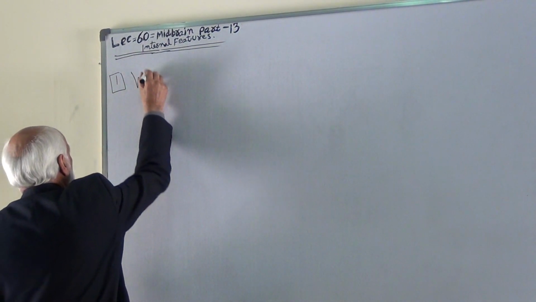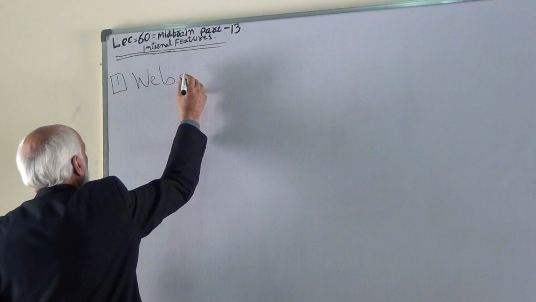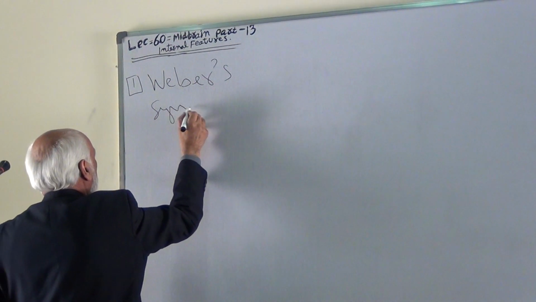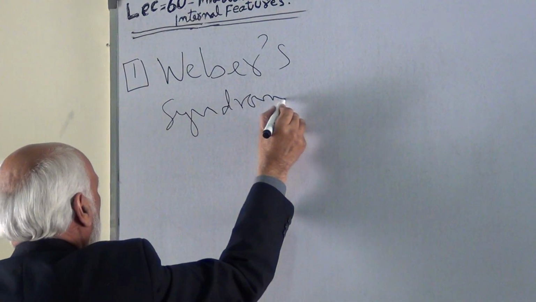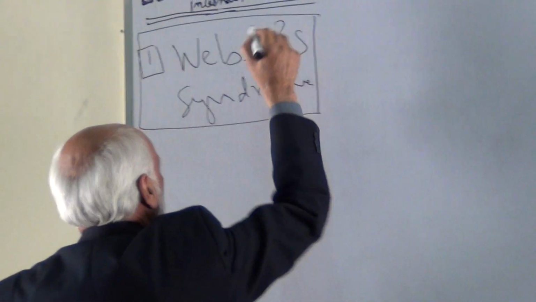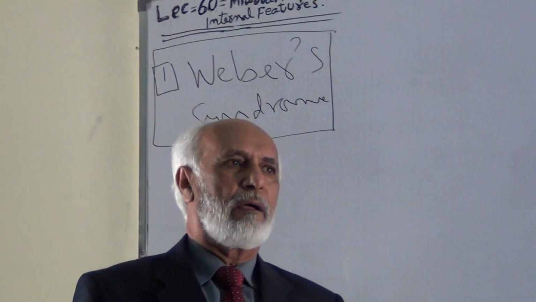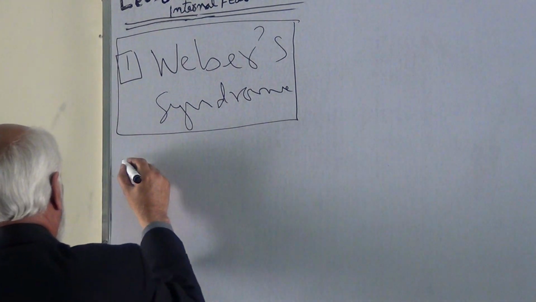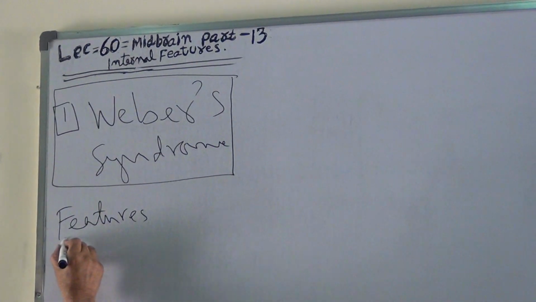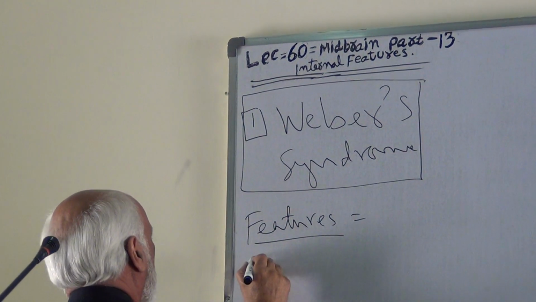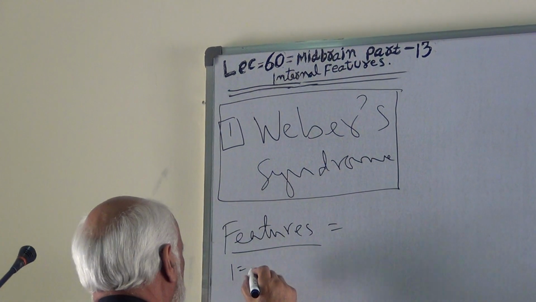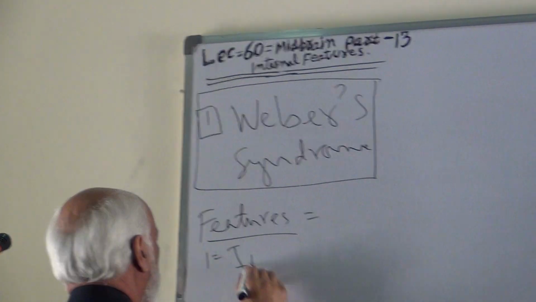So number one, Weber's syndrome. Now, what are the features of this syndrome? Number one, ipsilateral third nerve palsy.